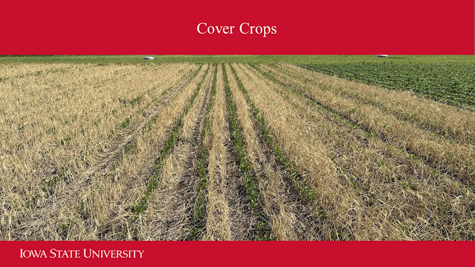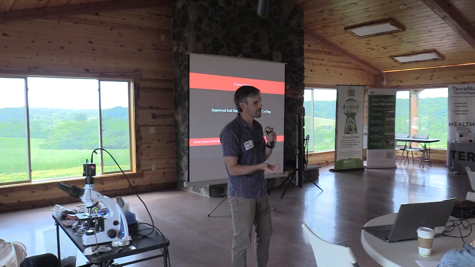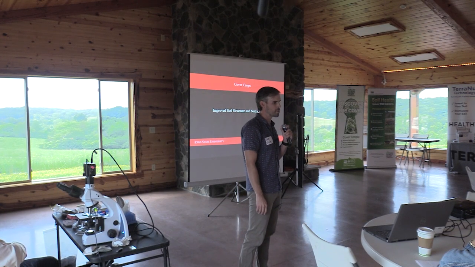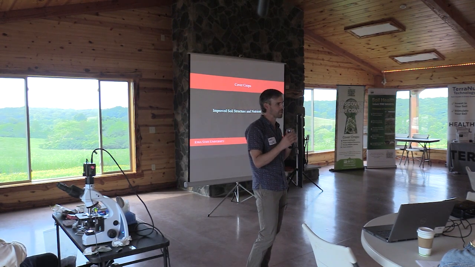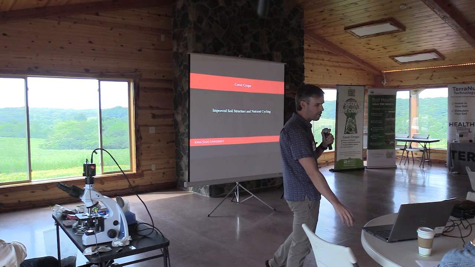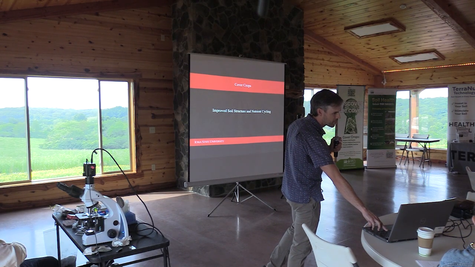That means they're producing sugars, feeding those microbial communities a longer period of the year. So that's the food part of giving them food, shelter, and water. Similar to no-till farming, cover crops also can help promote soil structure, and then with that enhanced structure, enhanced water holding capacity, we have a more diverse soil microbiome, all of which will help contribute to nutrient cycling.